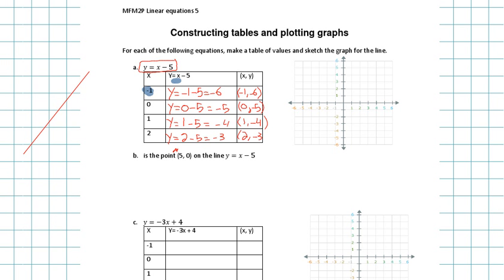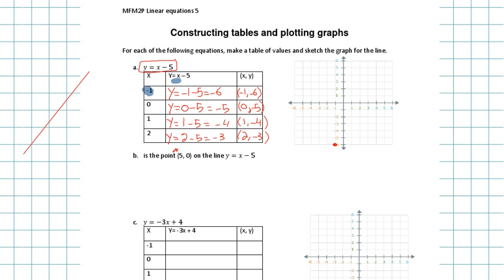So now I filled in the table with all the points that I have. Now I have to put these points on the graph and draw the line. So, -1, -6. We're okay with that? Locating the point, that's what we did on Friday.